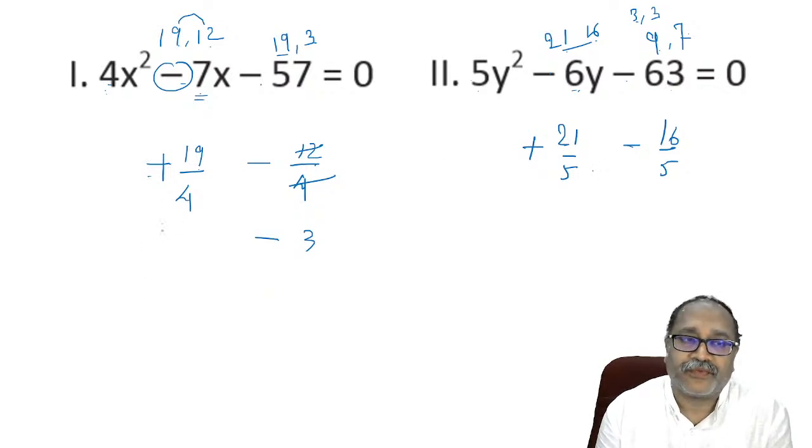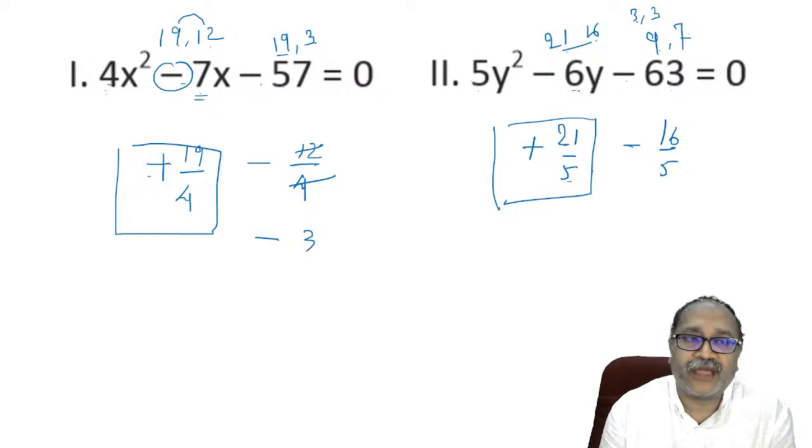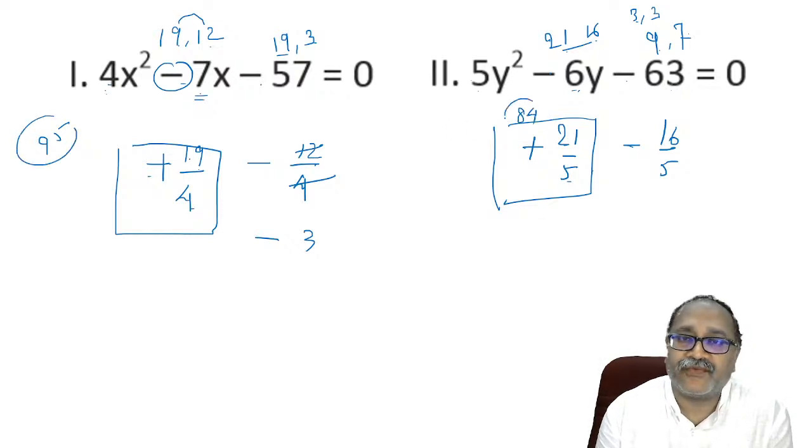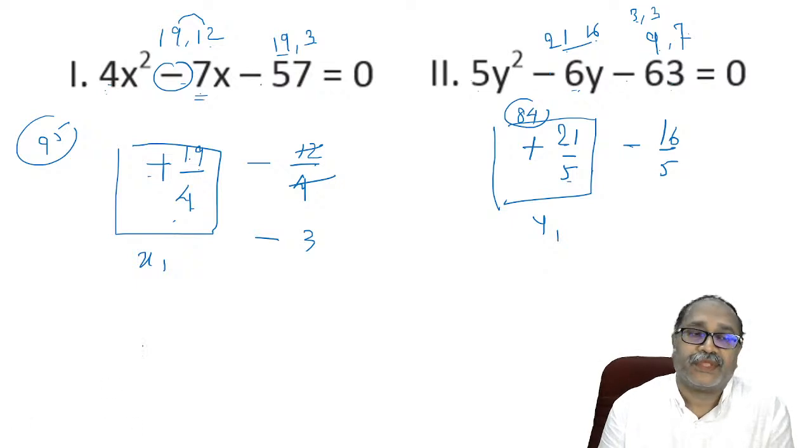What is happening here? 5 into 19. 5 is 95. And here 4 into 21, that's 84. So I notice that 95 is greater than 84. Therefore, this x1 is greater than y1. So it's greater.